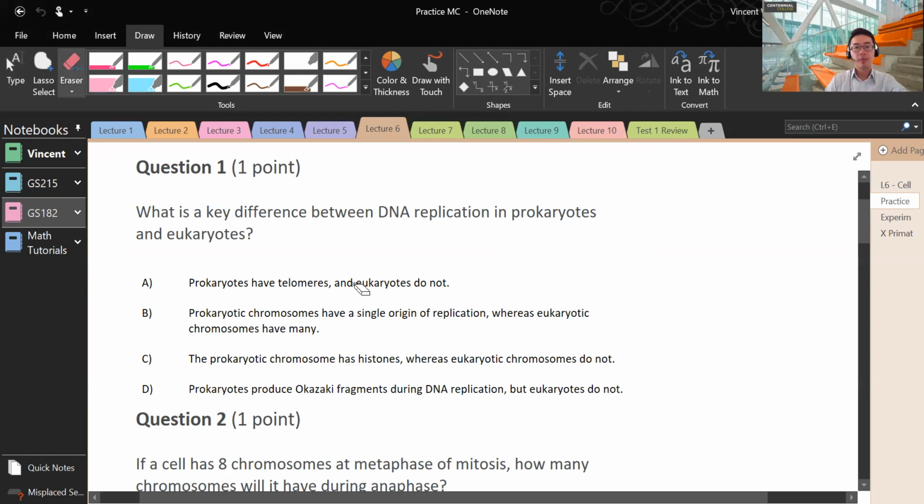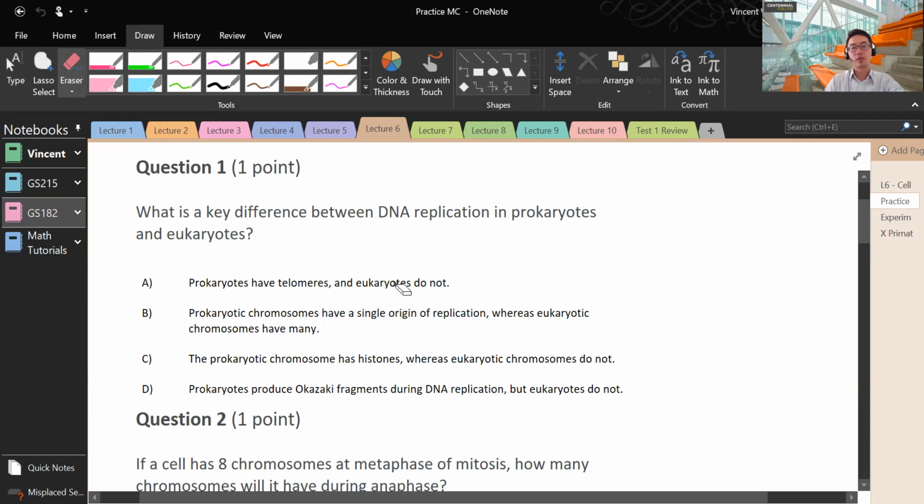Prokaryotes do not have telomeres and eukaryotes do. Prokaryotes, meaning bacteria, do not need telomeres. Can anybody tell me why prokaryotes do not need telomeres and eukaryotes like us do?